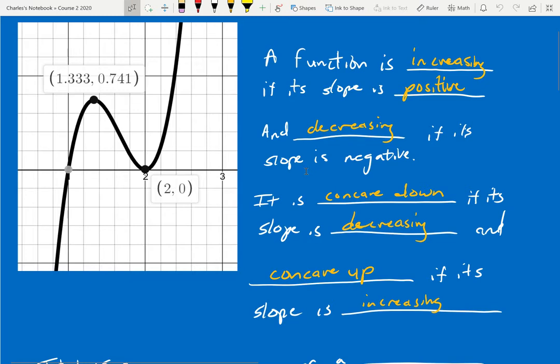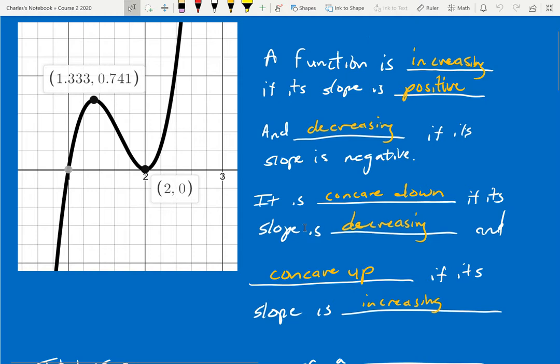So the easy way to remember concave down and concave up is that it's concave down on parts where water would pour out of it. If you picture this part as a cup and I had water in here, water would flow right down. If you picture this part right here as a cup and you pour water in, water would stay in it. So it's concave up if water would stay in it, and concave down if water would not stay in it.